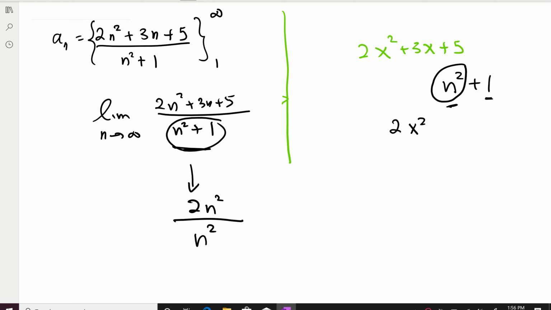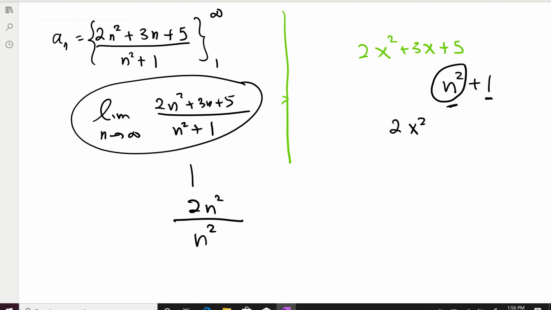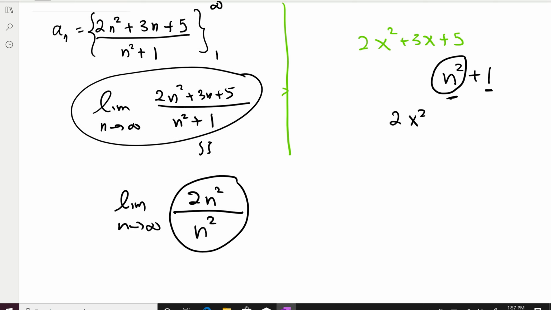So now think, for large n values, taking the limit of this rational function is the same as taking the limit of this simplified version of this rational function. Simplified version means this new version only contains the dominating terms. I can say almost equal. Not equal, almost equal, because technically it's not the same thing, but almost the same thing.